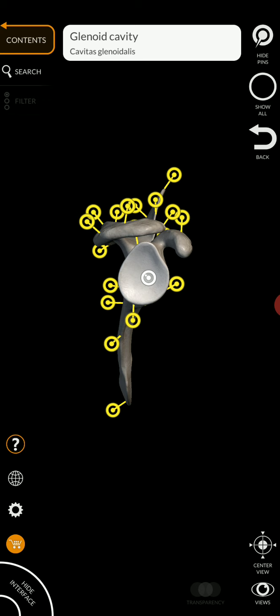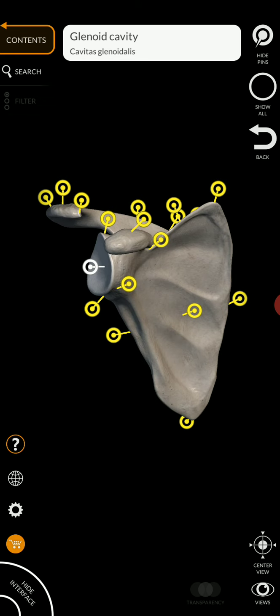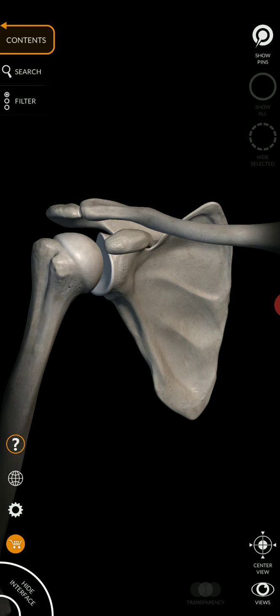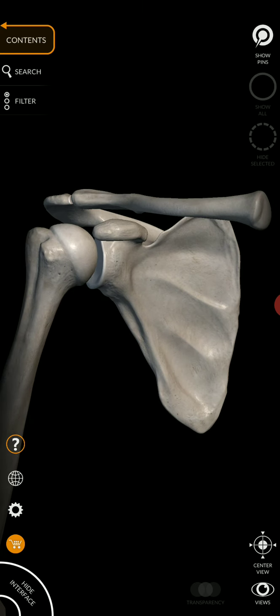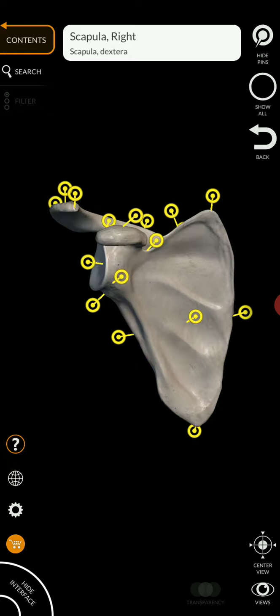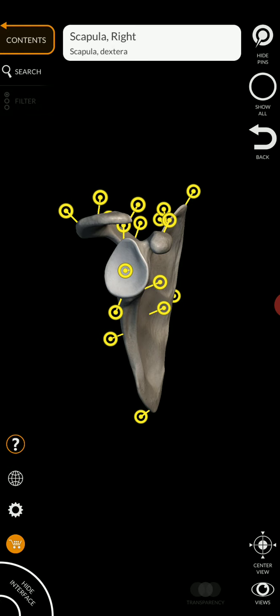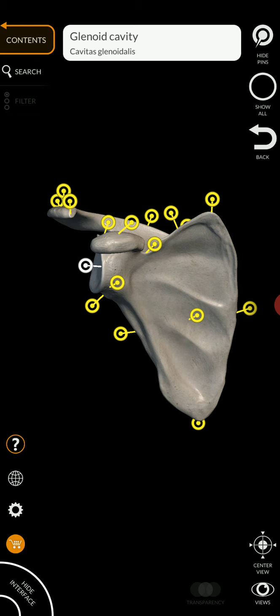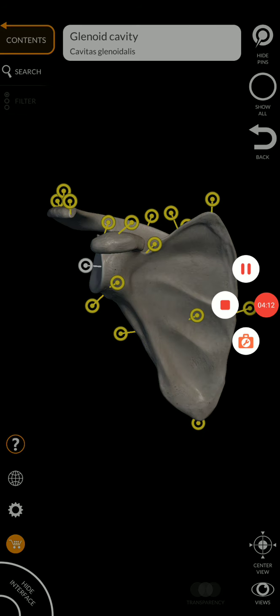It says glenoid cavity, but glenoid fossa is the surface. The space between the glenoid fossa and the humerus right there would be the glenoid cavity. But this is the glenoid fossa, even though it says glenoid cavity. So those are all of the bone features for the scapula that you have to know.